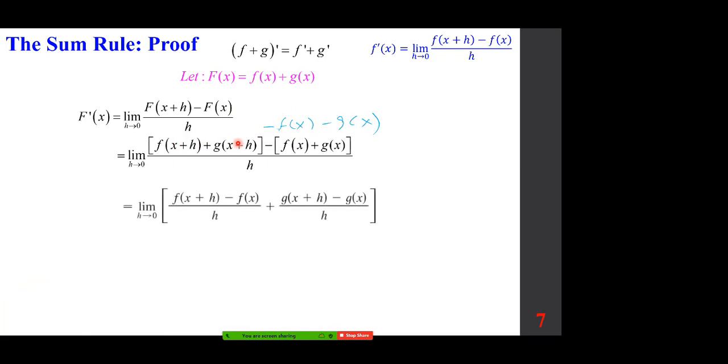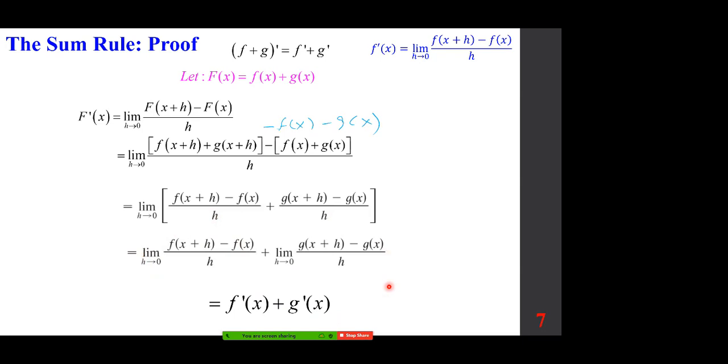We make up two fractions. Then we apply the limit law: the limit of the first plus the limit of the second. And therefore, what is this? By definition it is f prime. What is this? By definition it is g prime. Believe it or not, this is the proof, everybody. It's very straightforward.